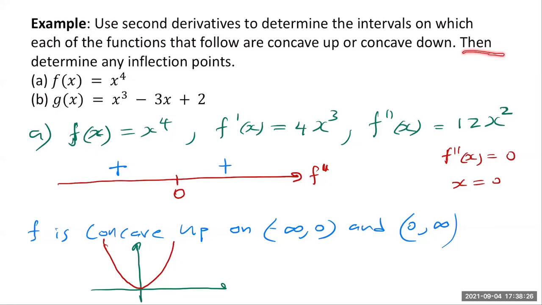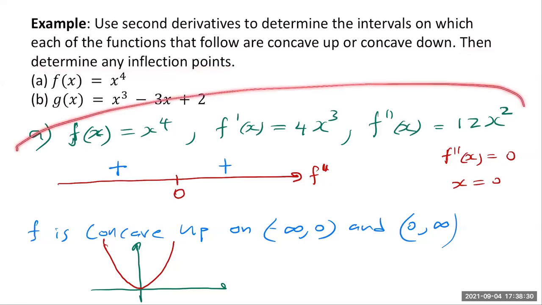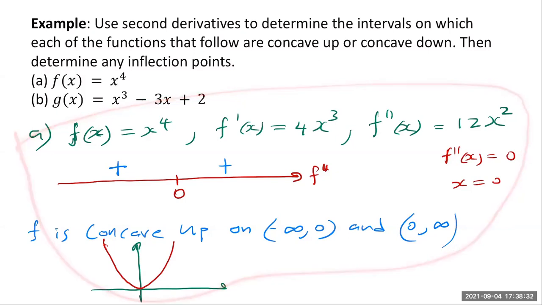Then determine any inflection points. Now let's determine the inflection points for this first part. What are the inflection points? Inflection points, as I mentioned when I introduced them, are the points where your f double prime changes the sign. As you can see here is the sign chart for f double prime. It doesn't change the sign. See, plus, plus, the sign is not changed there.